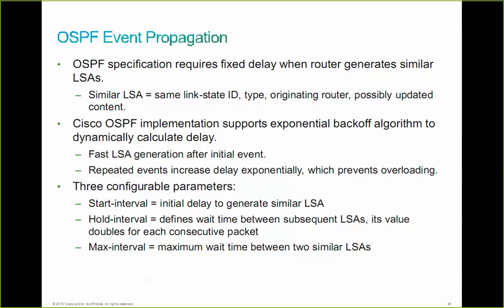If you lower the values too much, then convergence degrades. It takes too long for the network to converge or handle topology changes. So it is really a balancing act.